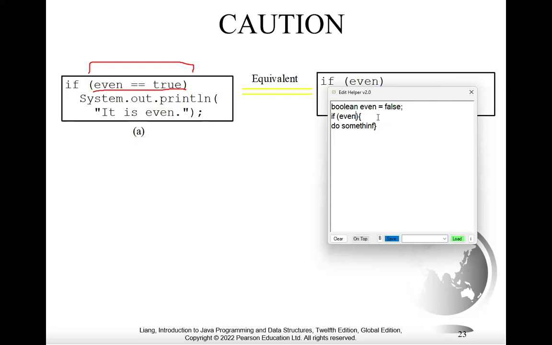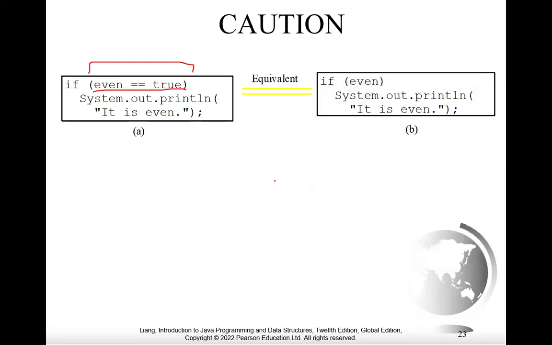We can just use the value in even. So we are saying if even, what is even? False. So don't do anything. If you change this to true, then it says if even, what is even? True. If true. So it is true. So it comes and it does something. This is a very interesting trick you can use in programming.